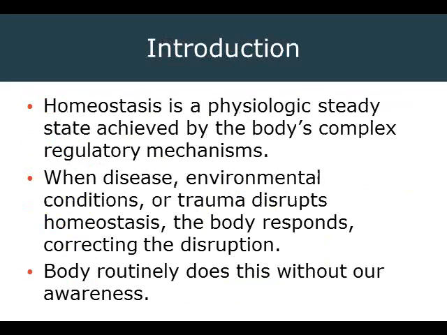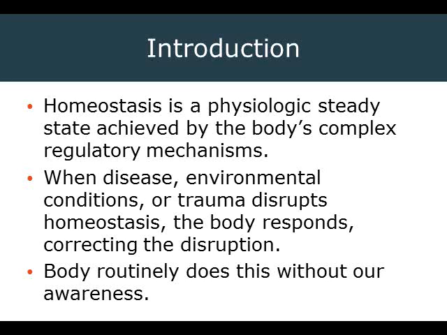Okay, so as an introduction, homeostasis is that physiologic steady state achieved by the body's complex regulatory mechanisms. Last week, in week 5, we looked at and discussed what homeostasis is and some examples of how it gets thrown off.